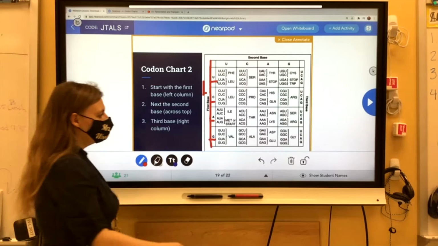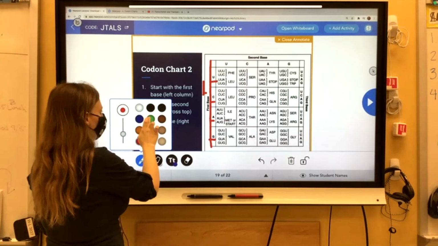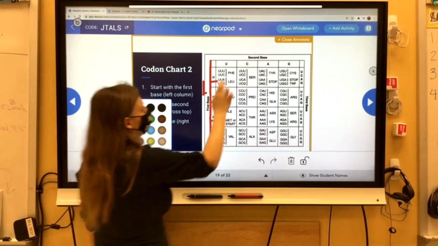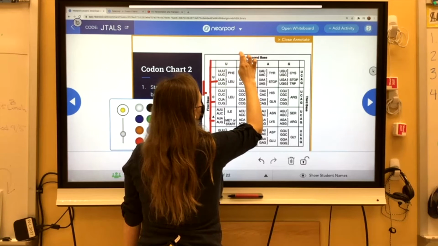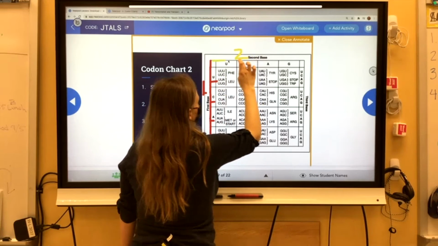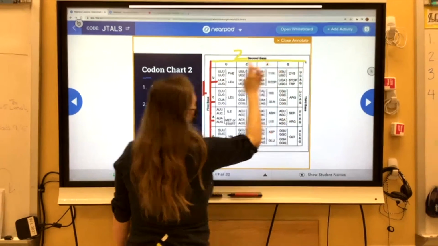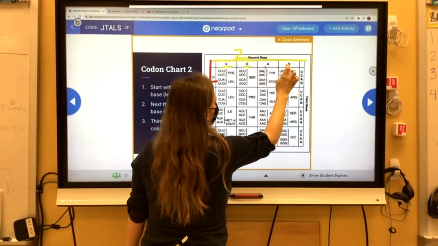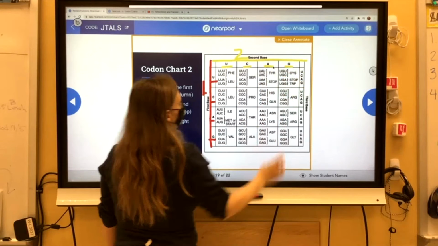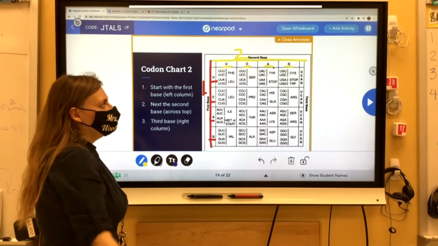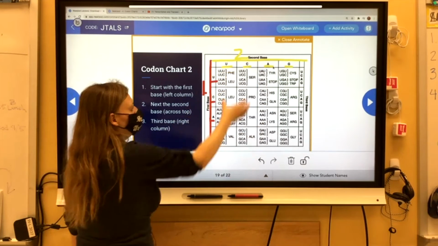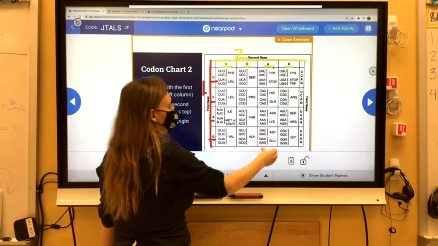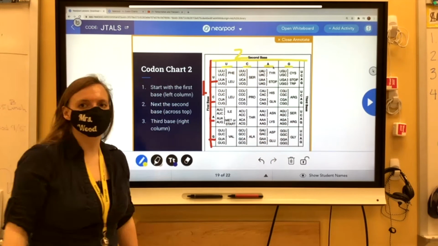All right. Second base is found across the top. So here's number 2, and it's across the top. So we've got the U, C, A, G, right? So second base I'm going to find across the top, and it denotes a column where I'm going to find my answer.